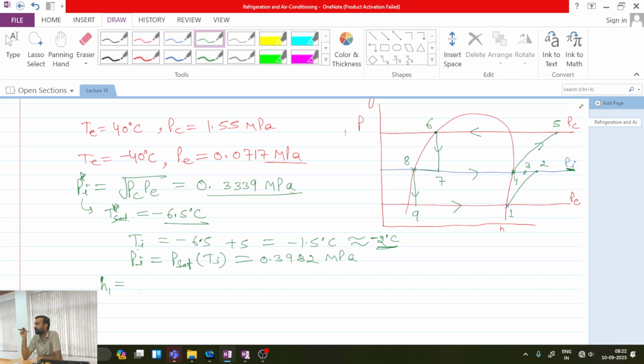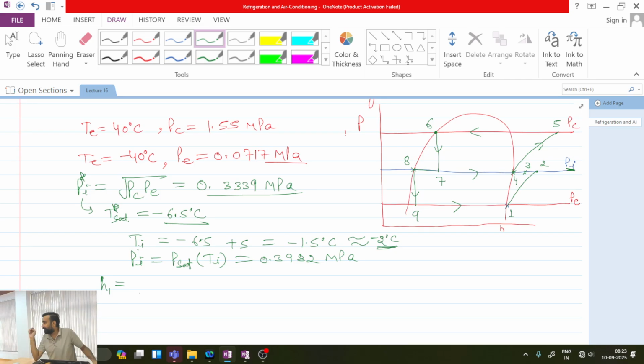But in refrigeration tables, because the boiling point is very low, different books use different reference states. Say someone has specified 0 value corresponding to minus 100 degrees Celsius, someone else might have specified 0 corresponding to minus 150 degrees Celsius. So that's why the values change.